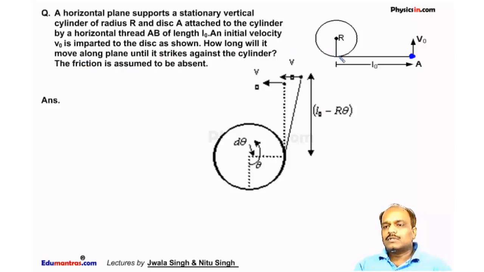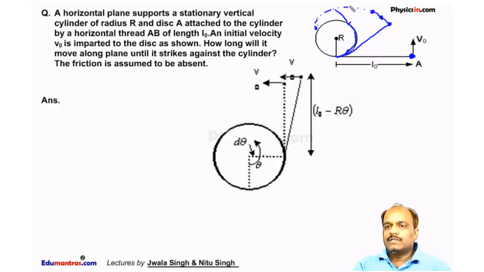Now suppose as this particle moves, the string wraps on this disk and the particle is moving like this. Finally, after some time the particle is here and the string wraps like this. Finally, when the particle strikes here, this is the motion of the particle.